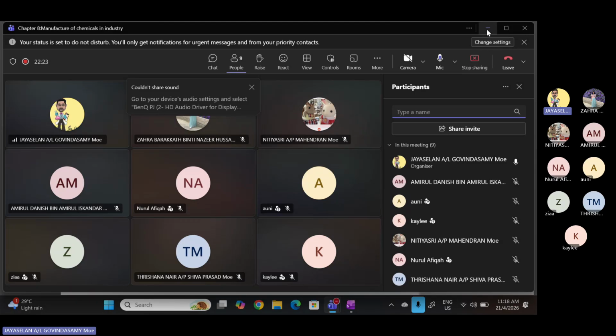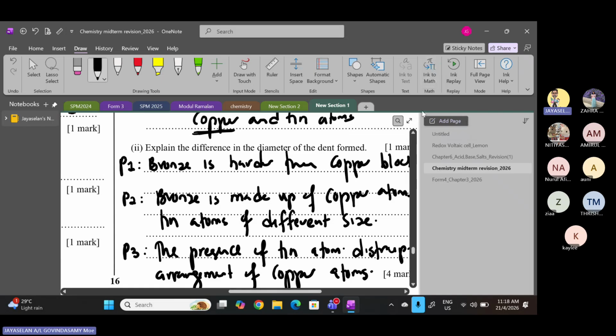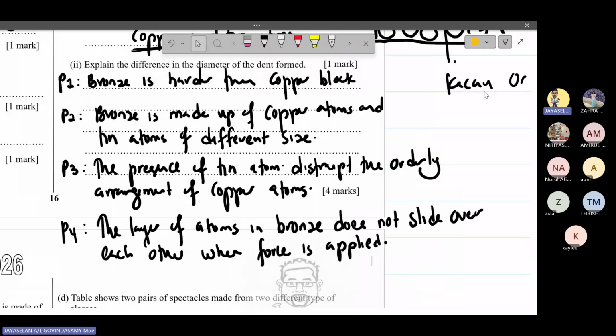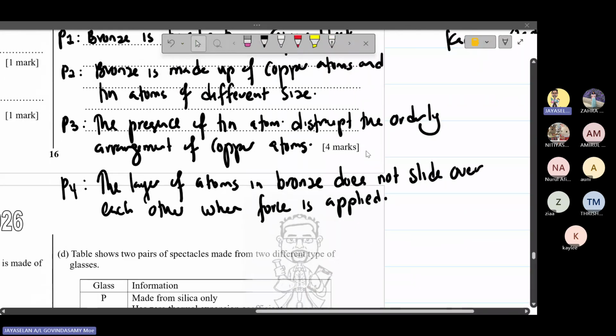Y'all should wish them speedy recovery, no? Okay? Sir, I'm studying at home, sir, from morning. Huh? What, ma? I'm studying at home from morning. I'm fine only. Okay. Understand. As long as y'all asalkan orang bahagia lah.